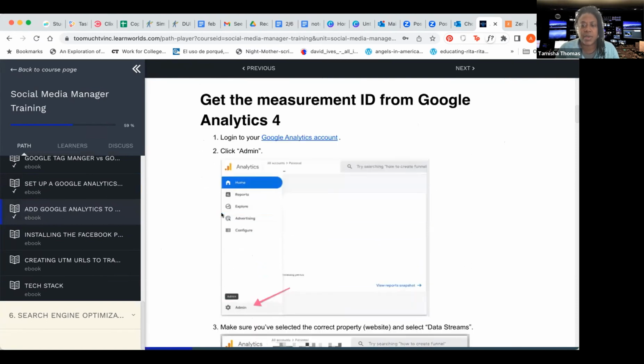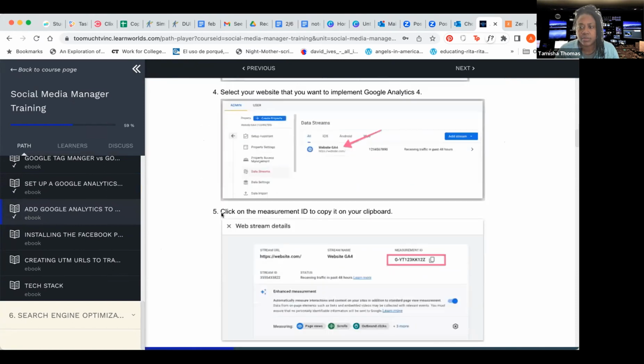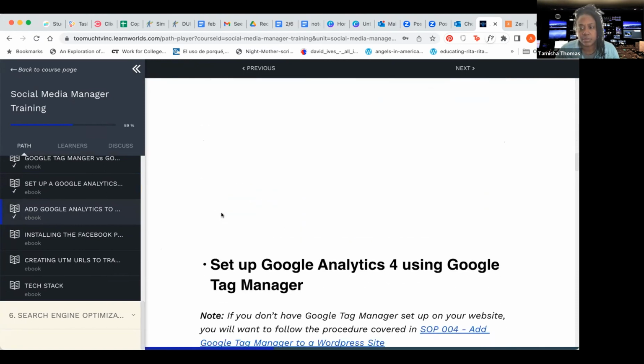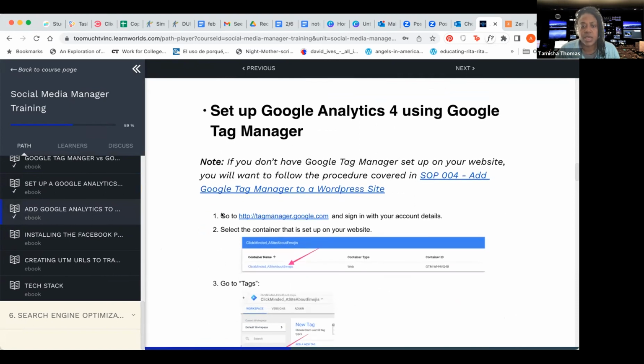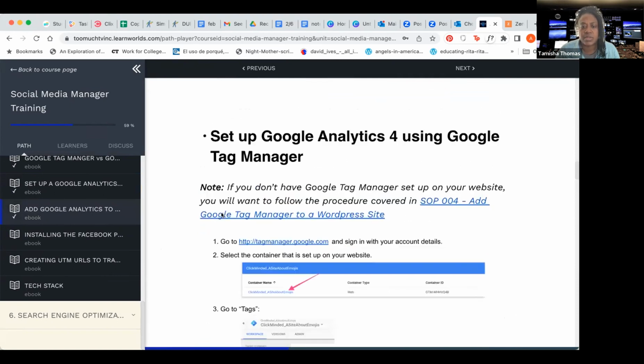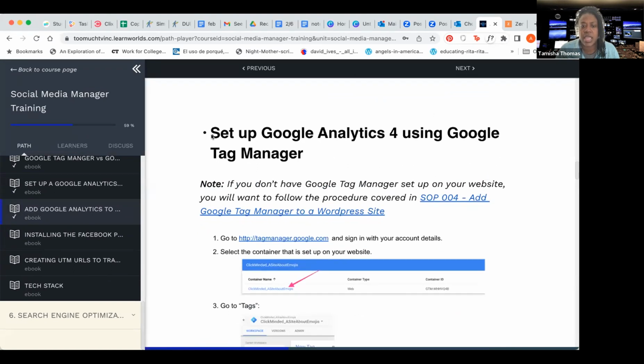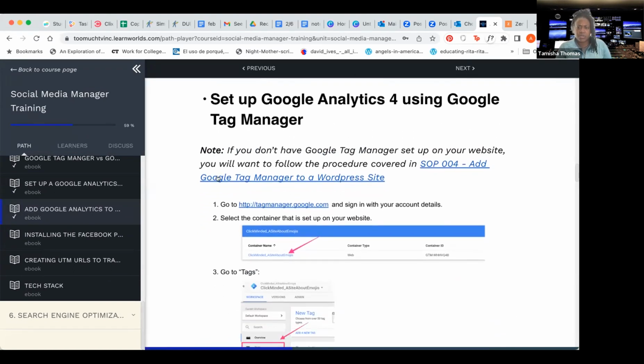Use your little tab on the side and go all the way down to the bottom. Yep, there you go. And so set up, okay, to a WordPress site. So it actually has it to a WordPress site at the bottom.